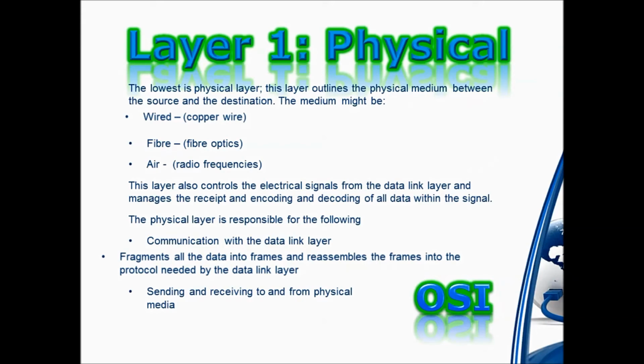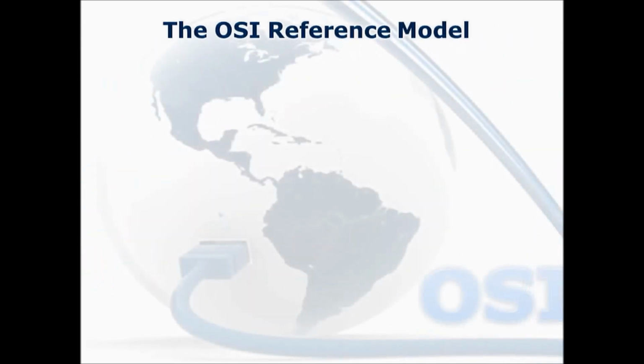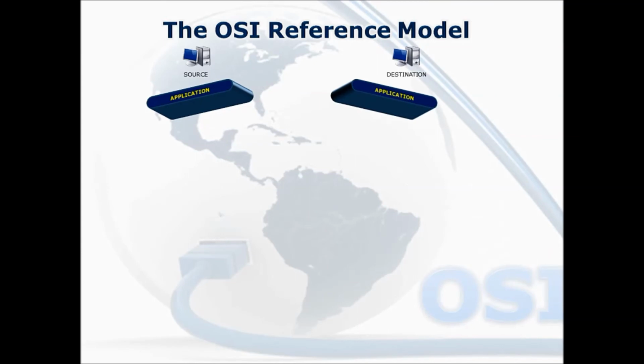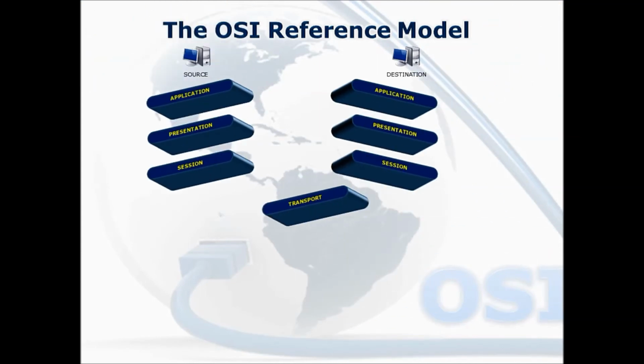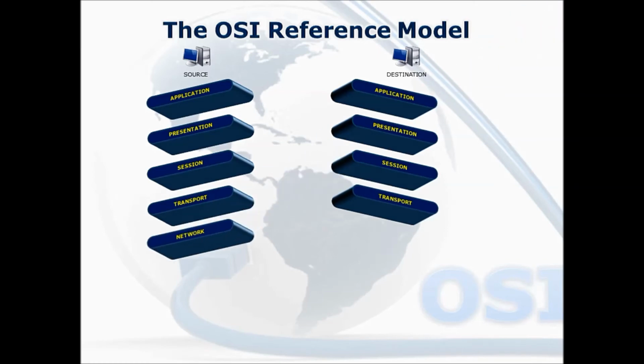And finally, the OSI Reference Model. This has got the layers from left to right with a virtual link, green pathway for send message and a yellow pathway for receive message.